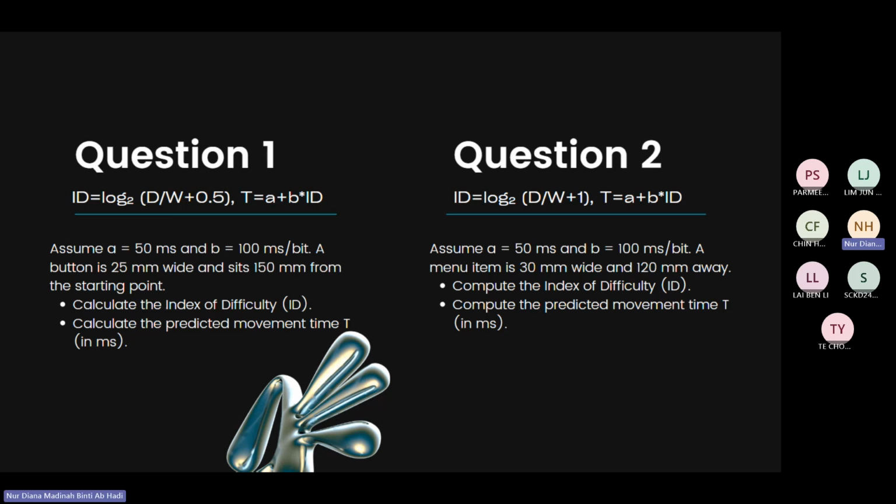So bit cancels with bit. What do you get? You're going to get 50 ms plus 270. That's why you get 320 ms. You look properly, the B is ms per bit. Okay?